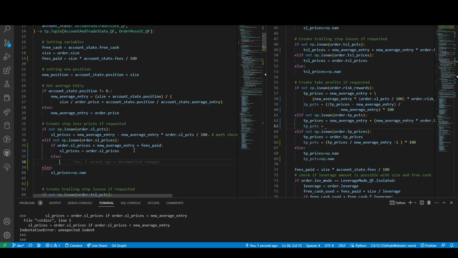Or no, shouldn't it be minus fees paid? No, it has to be plus fees paid. Should I raise an error here, or should I let it keep? Should there be a cap on this? Because then it's like, do I want to turn my stop loss into a trailing stop loss? Well, if that's the case, then I should just use trailing stop loss. Yeah. If there's ever a possibility that I want something to turn into an actual trailing stop loss, then I need to use trailing stop loss. Yeah. So, I'll just do this equals this.